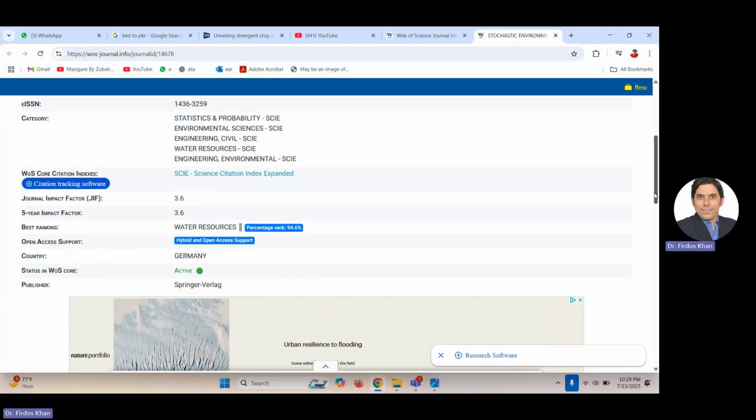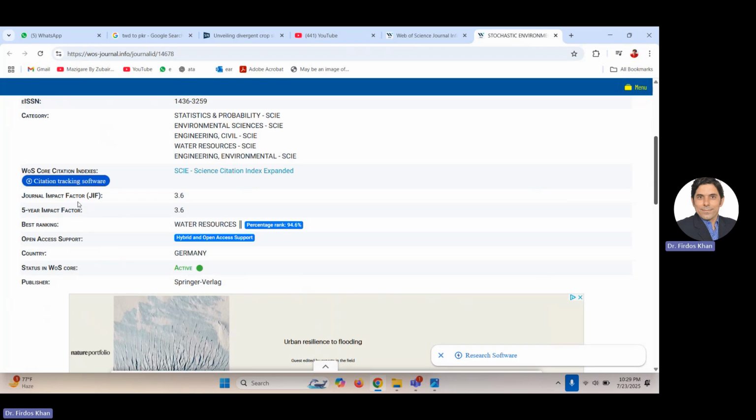Now look at the impact factor. The impact factor is 3.6, and the best ranking of this journal is in water resources, which is 94.6%. The detail is given here.